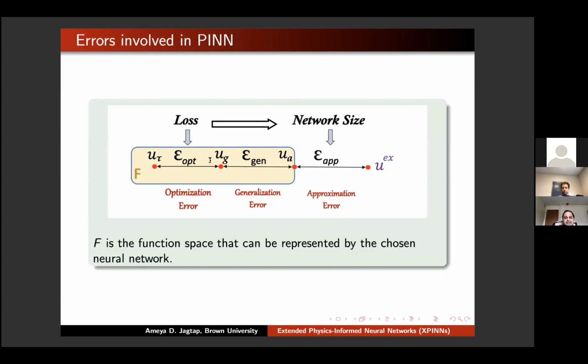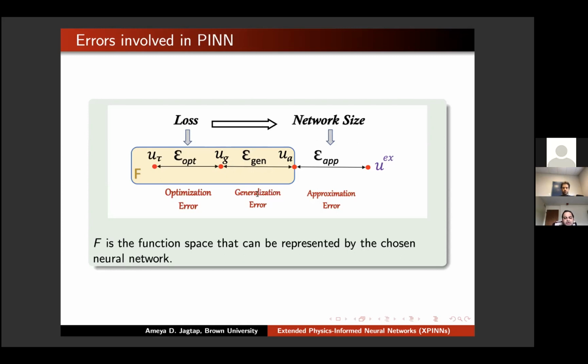And basically both optimization error and the approximation error, they do depend on the loss function as well as the network size. And this generalization error mathematically is just the difference between the approximate solution U_A and the solution at the global minima.